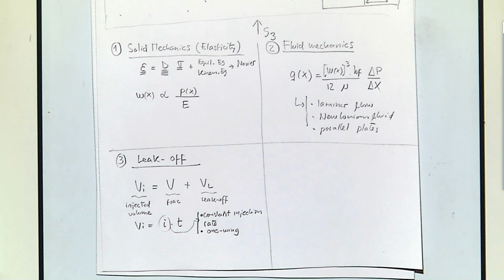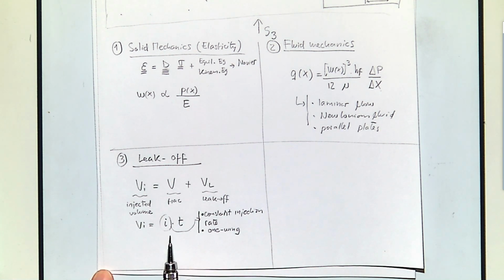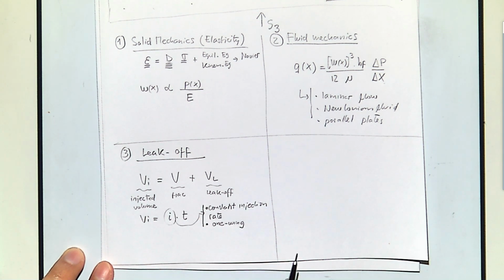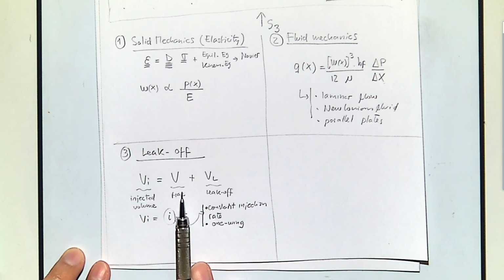This is a very common mistake that everyone makes in the exam at the end, and I do not take many points off for that. But just remember, what you inject in the well is going to be 2 times what goes in each wing of the fracture.